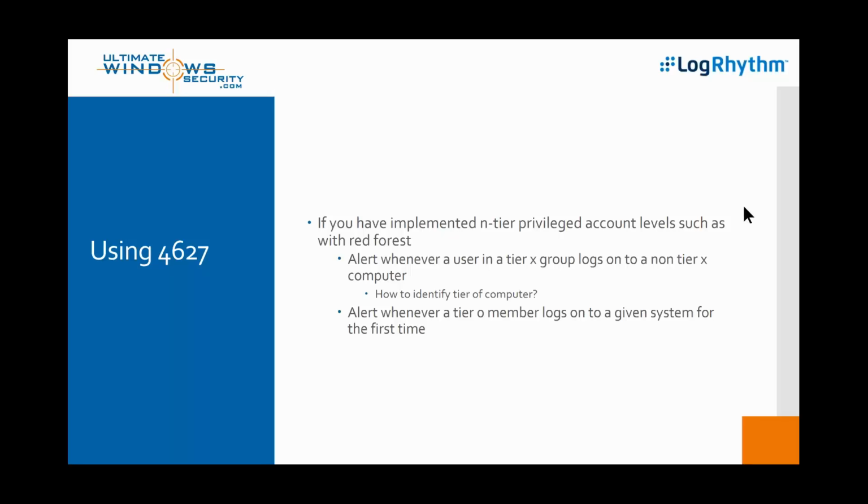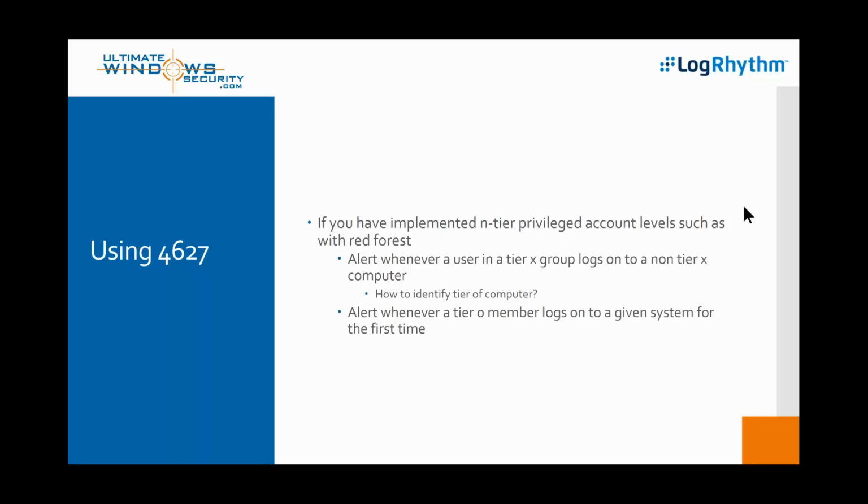If you don't have a naming convention that makes that simple, then just create a static list of your high security workstations, and then say if the user is a member of one of these important groups and the computer they're logging on to is not in this list, which would be pretty static, then let me know. Or alert whenever a tier 0 member logs on to a given system for the first time.